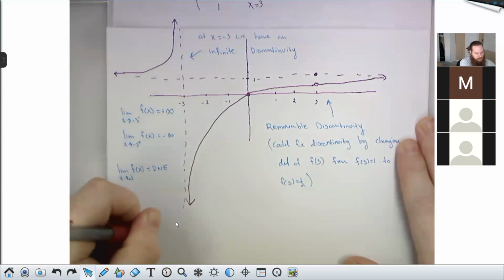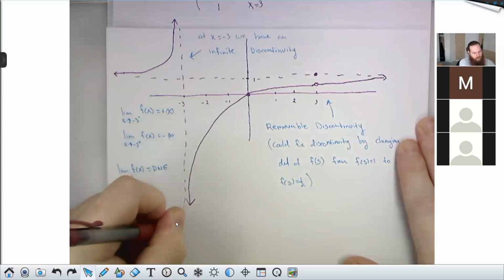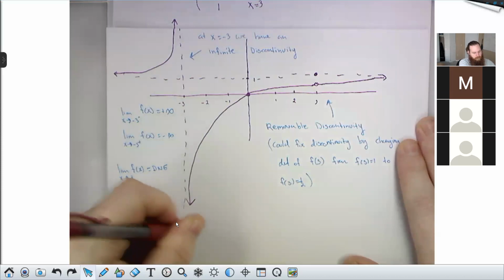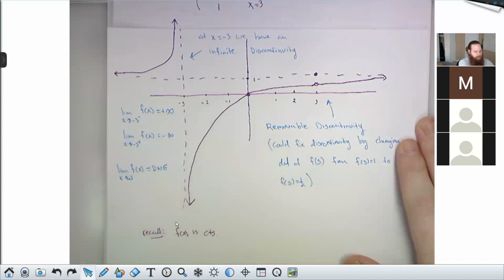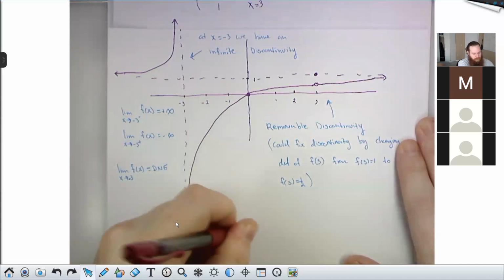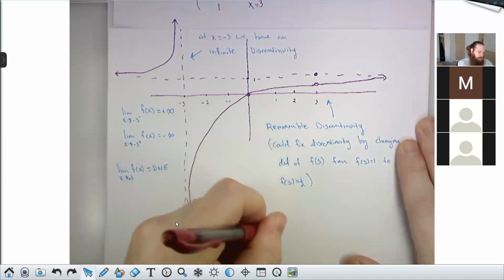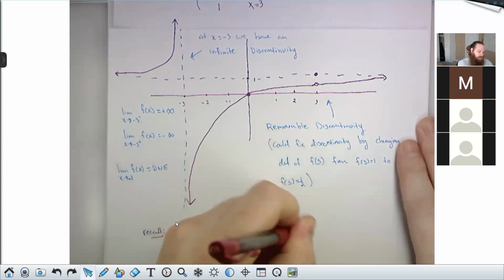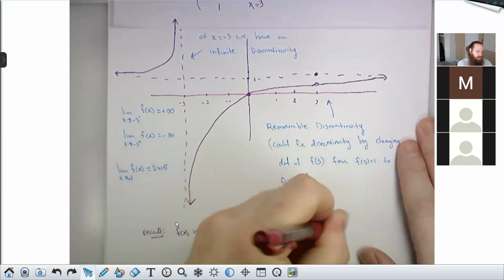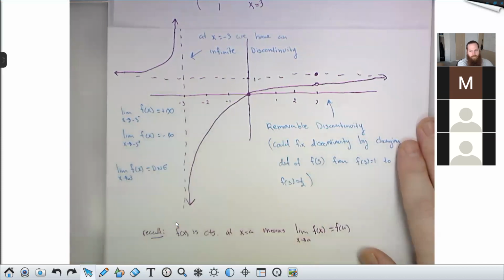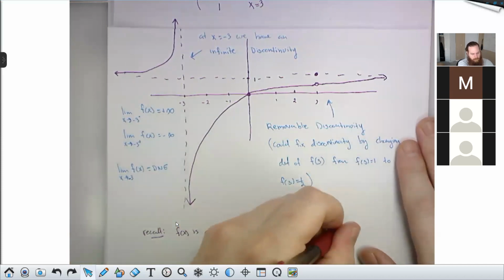Recall, f of x is continuous, I'm going to abbreviate continuous as CTS, at x equals a, means that the limit as x approaches a of f of x is equal to f of a. Right?